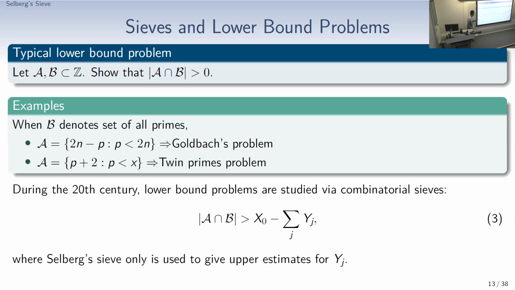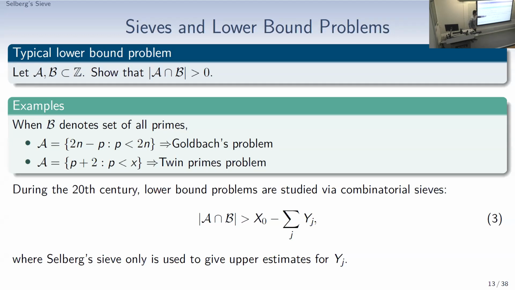But in the past, this lower bound for x was obtained using more traditional sieve methods, the methods of Brun and all other sieves that are called combinatorial sieves. They produce lower bounds, but their lower bounds are relatively ineffective compared to the modern methods.